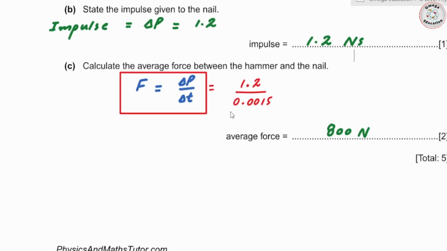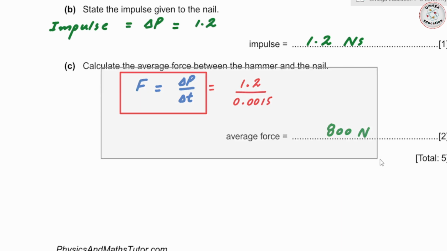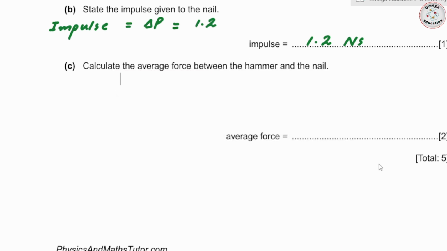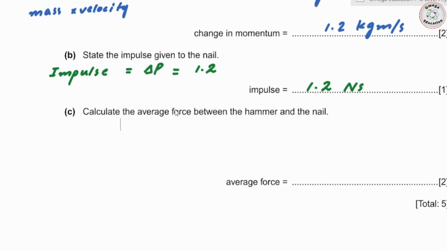Average force. All right. Now for the average force, we have a formula that average or resultant force equals the change in momentum divided by the time in which the momentum is changed. Then you write down the two values. The change in momentum we already calculated, 1.2.